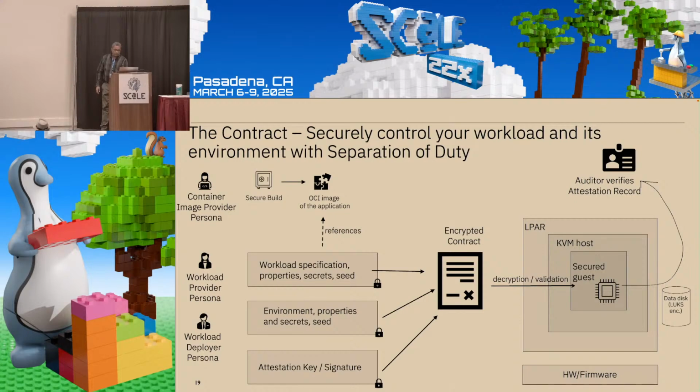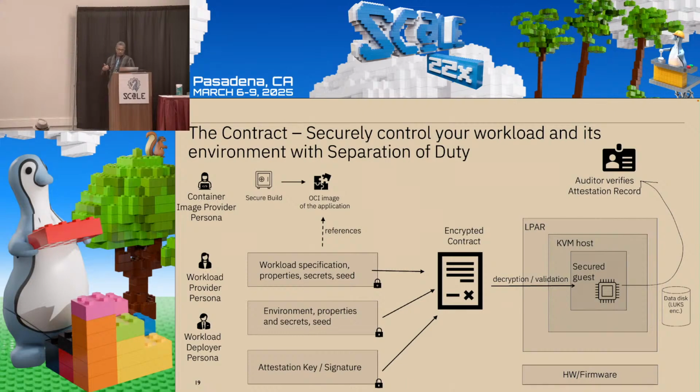So how do we secure that particular guest? As you can see on the left-hand side, the container image provider will have their own OCI-based images that can be built using a secure build process, and that gets deployed on a secure guest environment. The workload provider persona needs to provide workload specification properties, which are encrypted by their own keys.